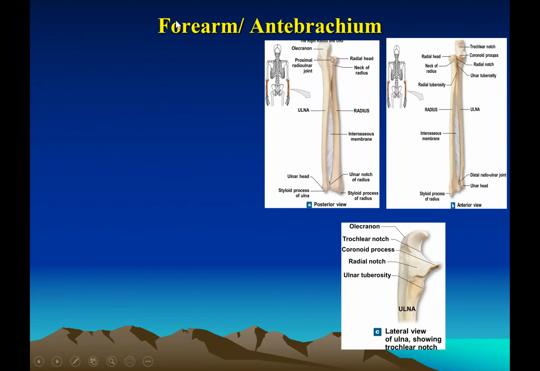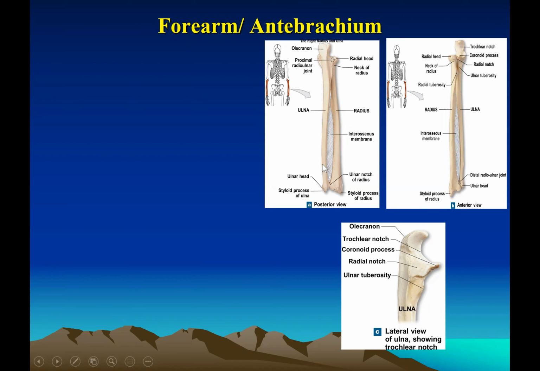Moving on to the forearm, it is also called the antebrachium. The two bones are held together with the interosseous membrane. In anatomical position, the ulna is medial and the radius is lateral.